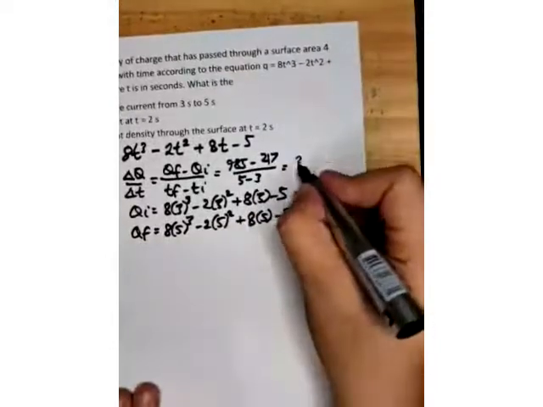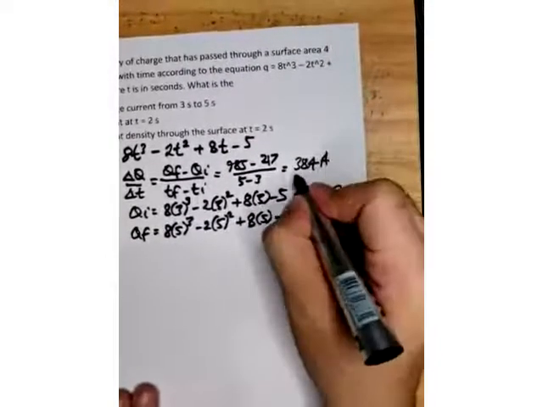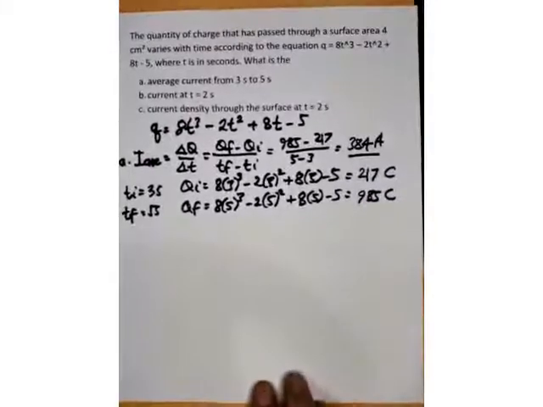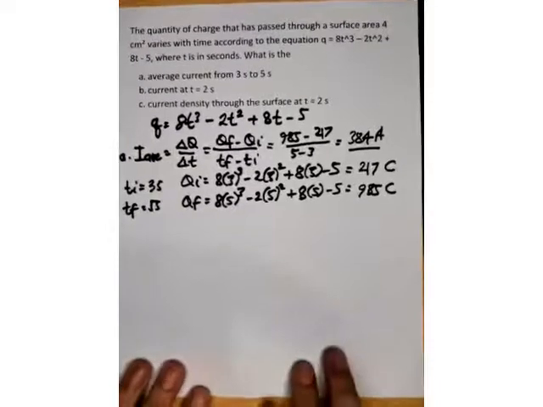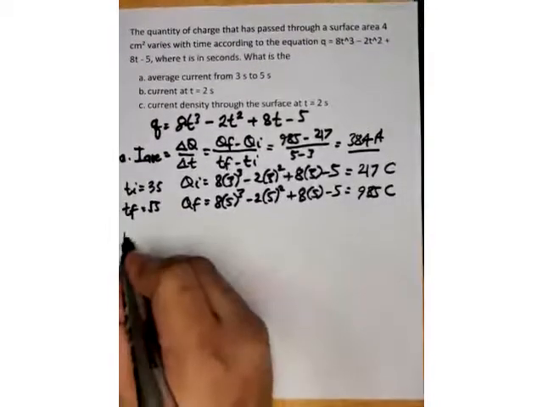Okay, 384 amperes. Ayan, 384 amperes. Okay? Okay, now letter B.